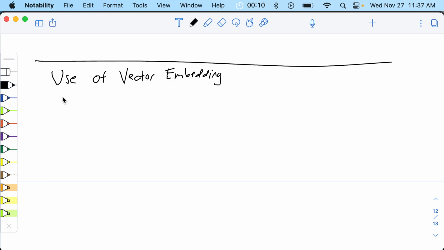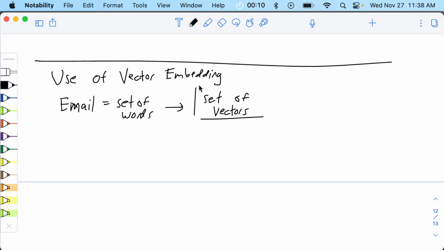So you take your email, which is some set of words. Email equals set of words. And then you convert that into a set of vectors. And then you can apply any algorithm that takes in vectors and tries to classify. So any of your favorite classification algorithms can go here.